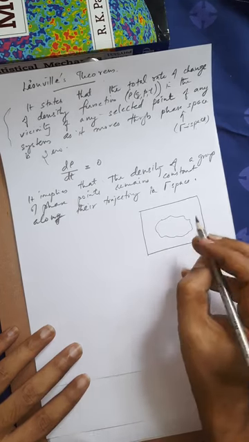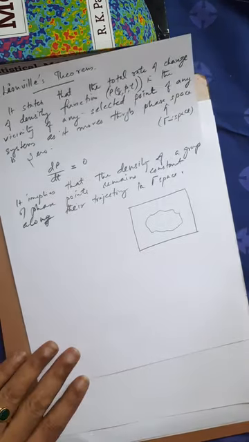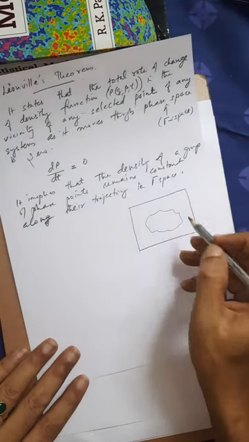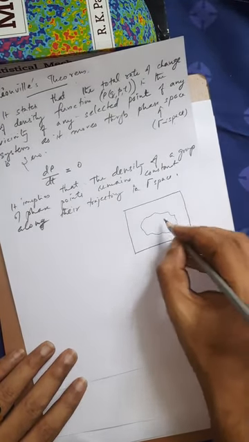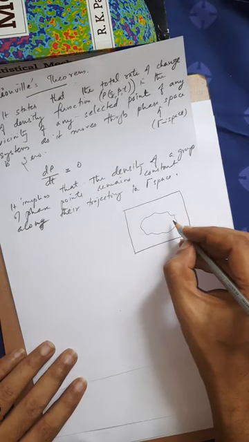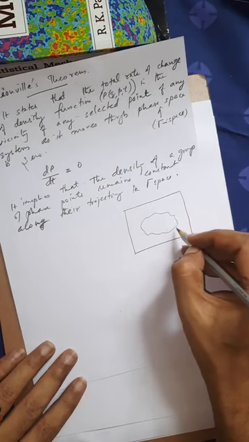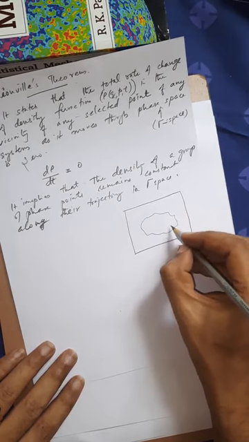Right. So I choose an arbitrary volume. Say I represent it by phi.